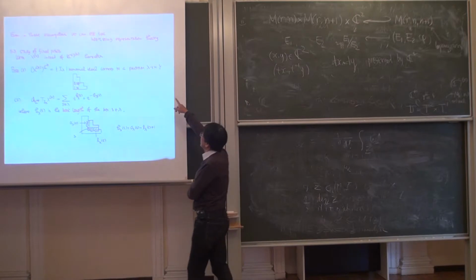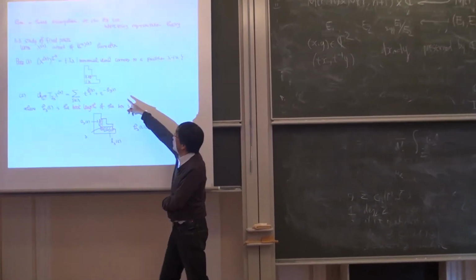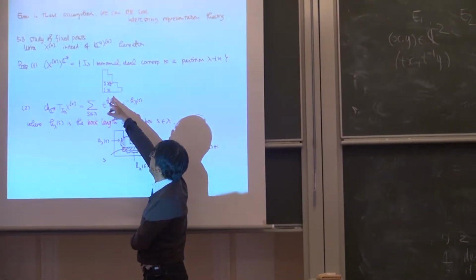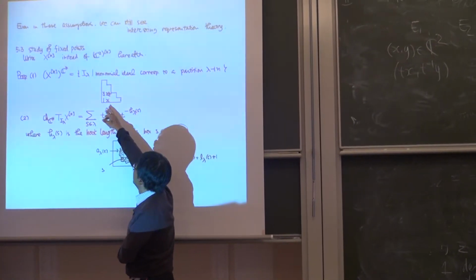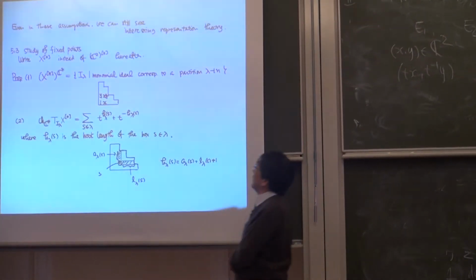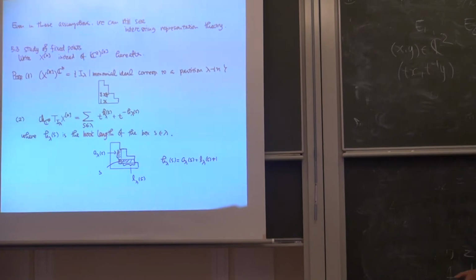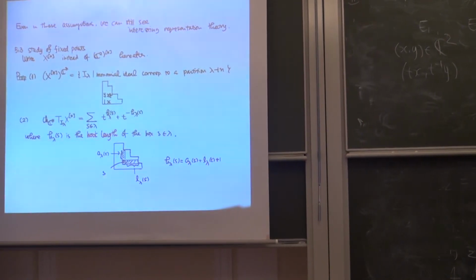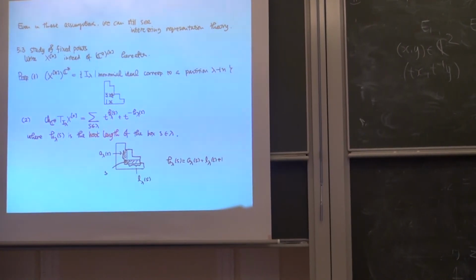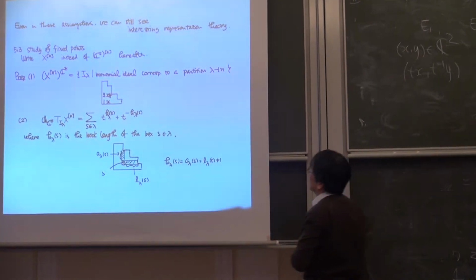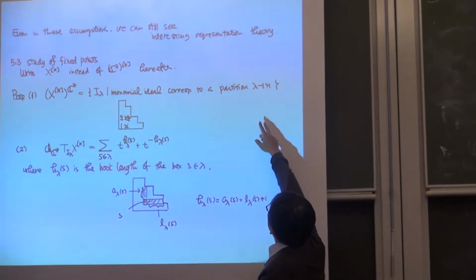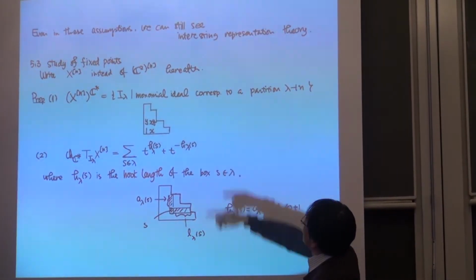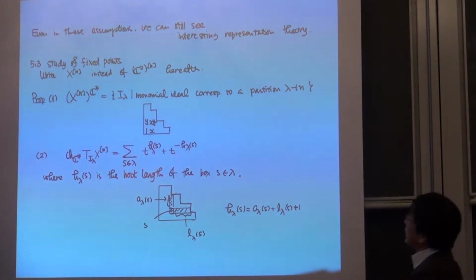For a partition, I always consider it as a Young diagram, and I denote it in this way. I think it's the French way, and English and Russian authors write Young diagrams in different ways. But anyway, this is my way, and the number of boxes of this Young diagram is equal to n.